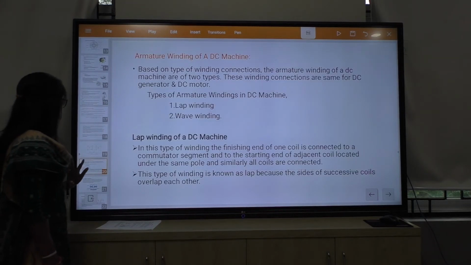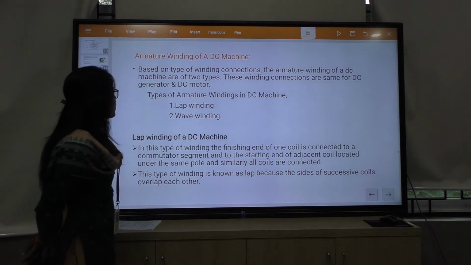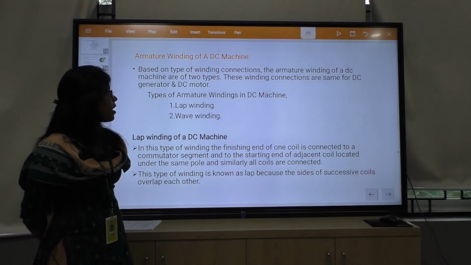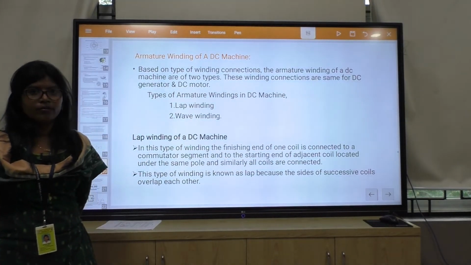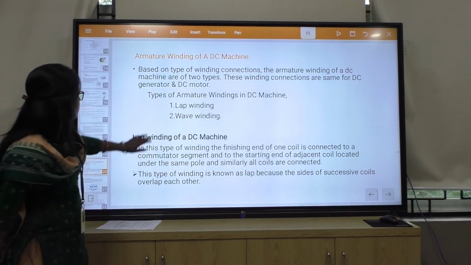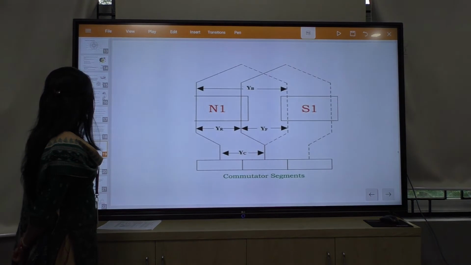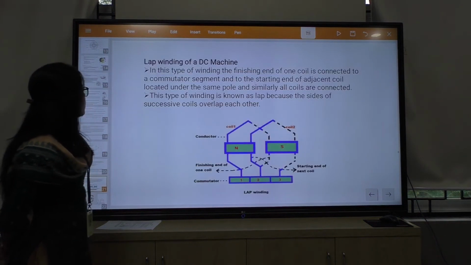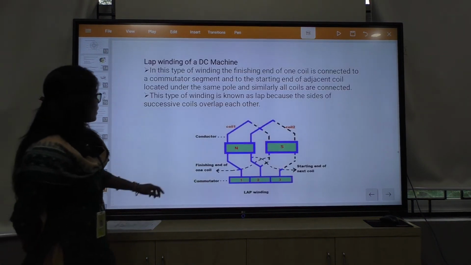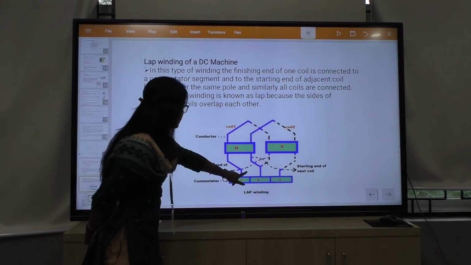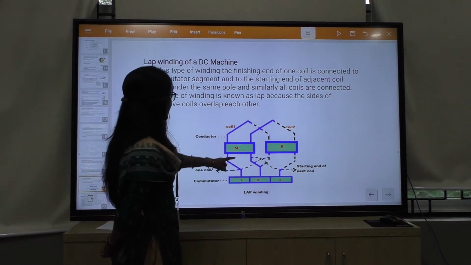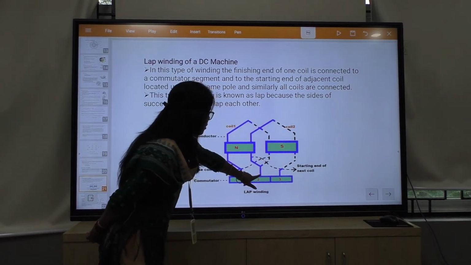Next, come to the armature winding of DC machines. Depending upon the winding connections, armature windings of DC machines are of two types, that is lap winding and wave winding. In lap winding, the finishing end of one coil is connected to a commutator segment and the starting end of another coil is connected to the same commutator segment.